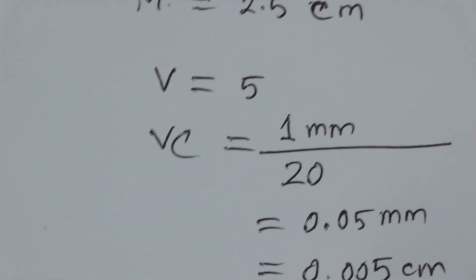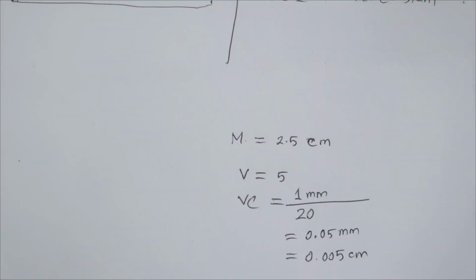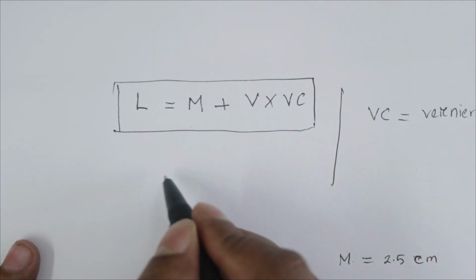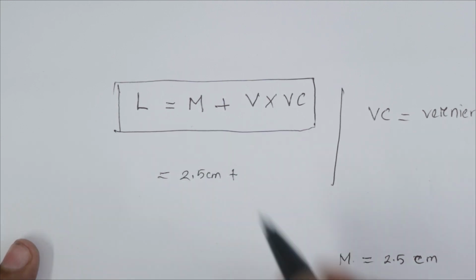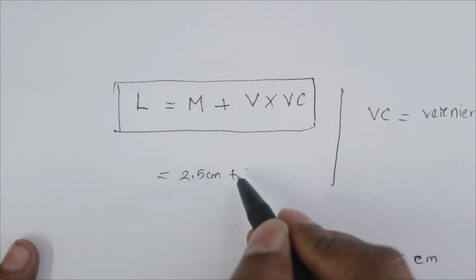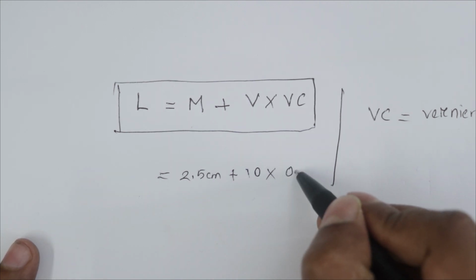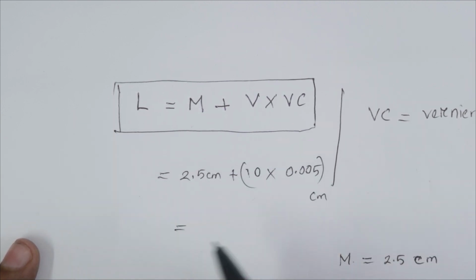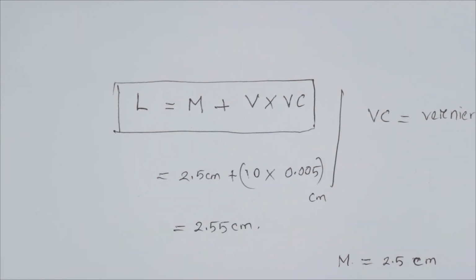So the length will be: main scale reading 2.5 centimeter plus Vernier coincide 5, so 10 because they are double, times 0.005 centimeter. So 2.55 centimeter is the correct reading.